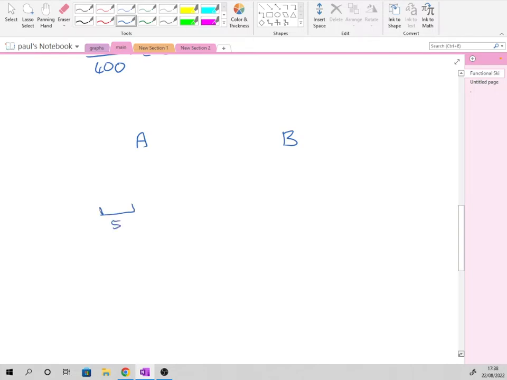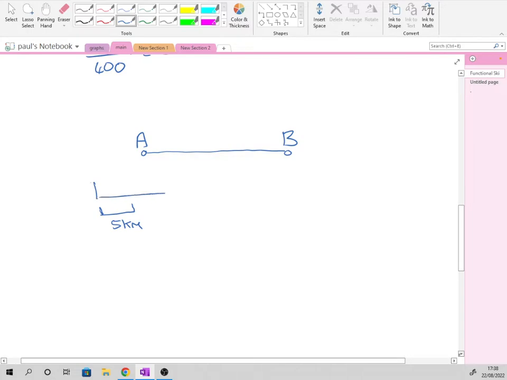That represents 5 kilometers, and you need to know how far it is between town A and town B. So you get your ruler here, and you go 1, 2, 3. So you'd say that that was 3 centimeters. So the scale is 5 kilometers to 3 centimeters.